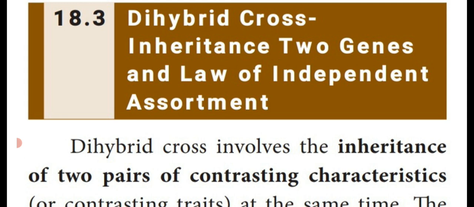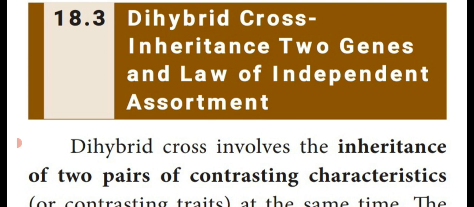That means the contrasting characters present in the gene are expressed in the F1 generation. Both the characters are not expressed in the F1 generation. Only one of the characters is expressed, that is tallness. That is the dominant character. If the F1 generation is selfed, these two factors are segregated or separated.